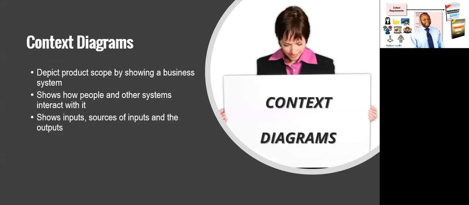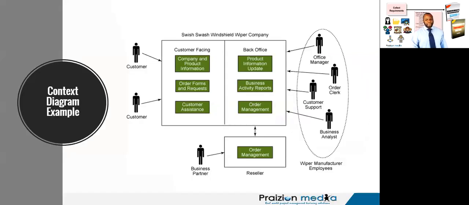All right, context diagrams. Context diagrams depict product scope by showing a business system, and how people and other systems interact with it. Here's an example. Swish Swash Windshield Wiper Company. You can see the customer, how the customer is interacting with the system. That's the customer.